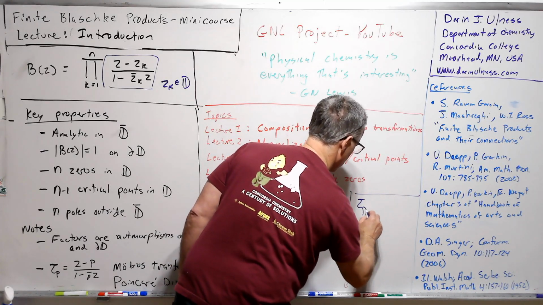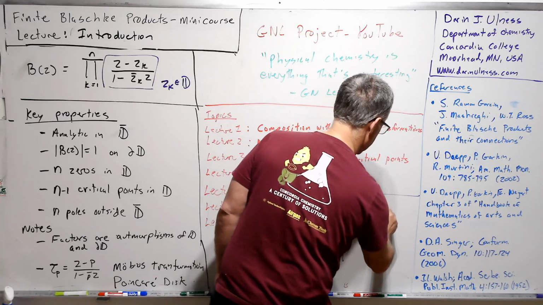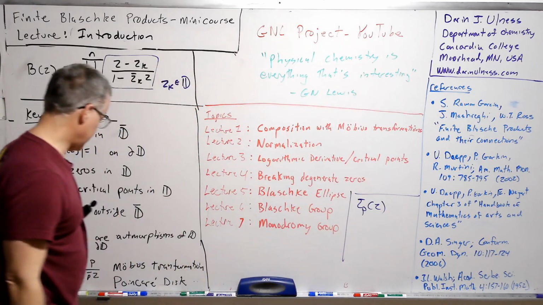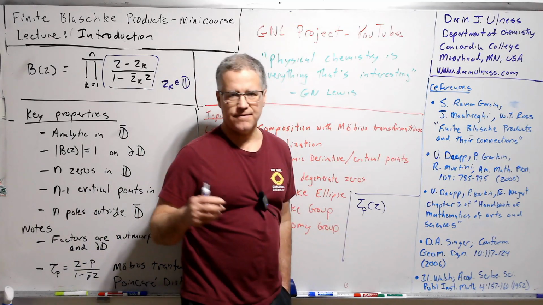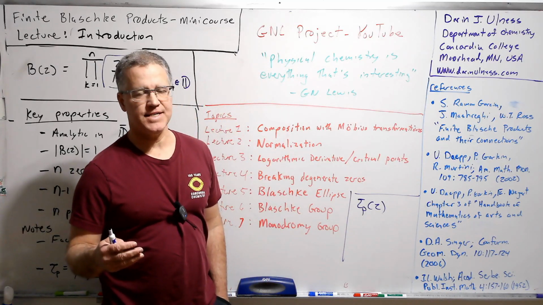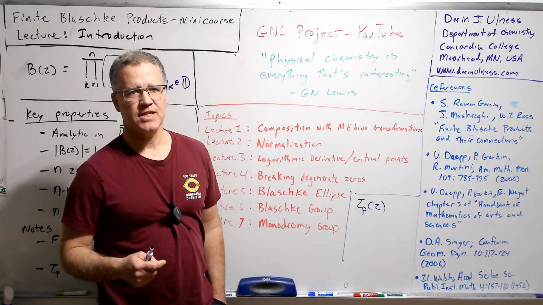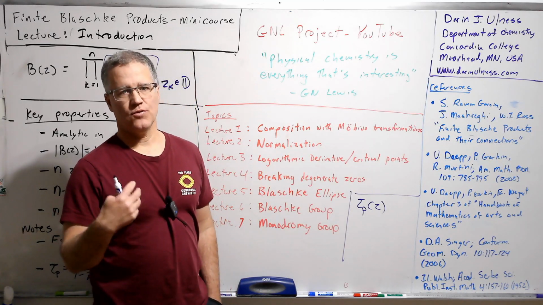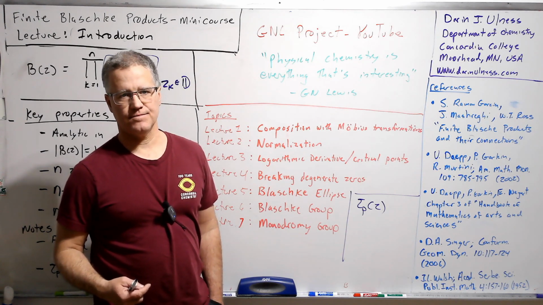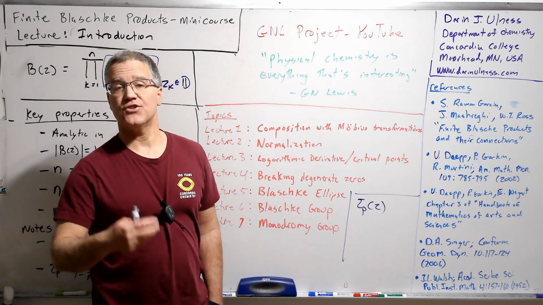I guess I've got that right here. So this Möbius transformation. What's really an important idea with the Blaschke products is that you can pre-compose and post-compose with a Möbius transformation, and you still have a Blaschke product.